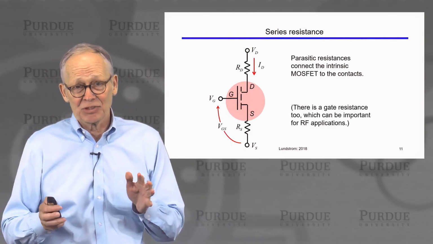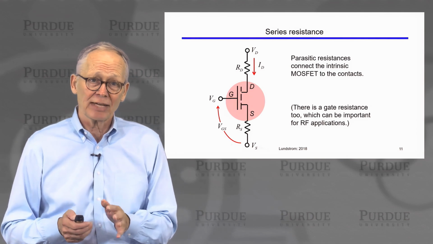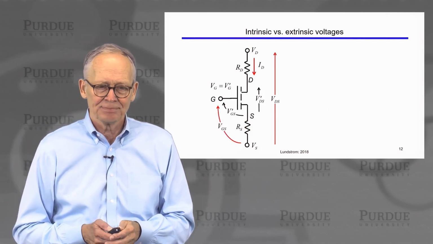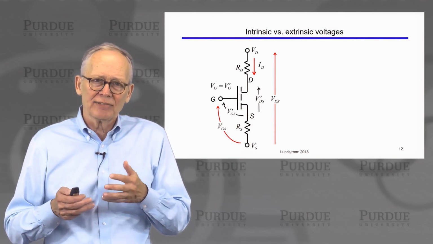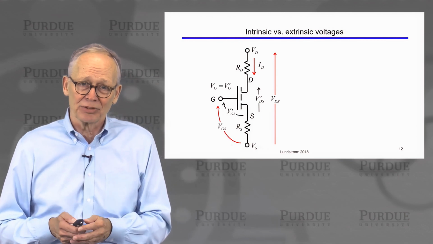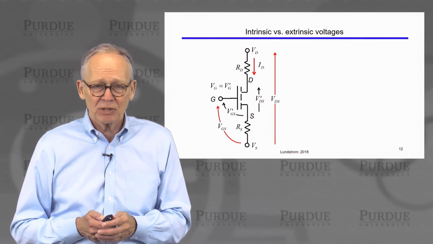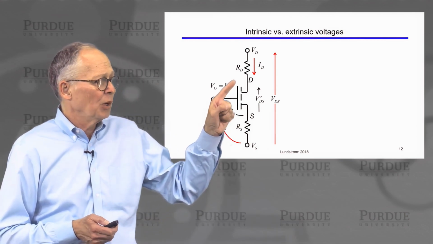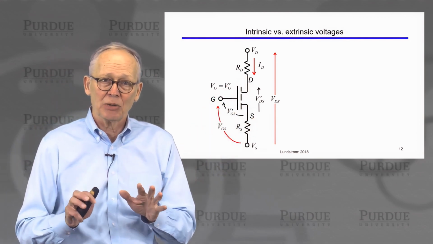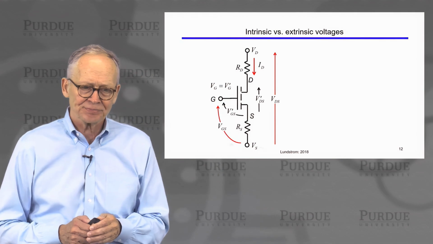All right. Now that resistor can be important for things like RF applications, but for our DC analysis, we don't need to consider it. So how do we include the effect of these parasitic resistances, which are always there and are important in our model? Well, it's relatively easy to do. What we have is a model for the intrinsic device, a device without these extra resistances.